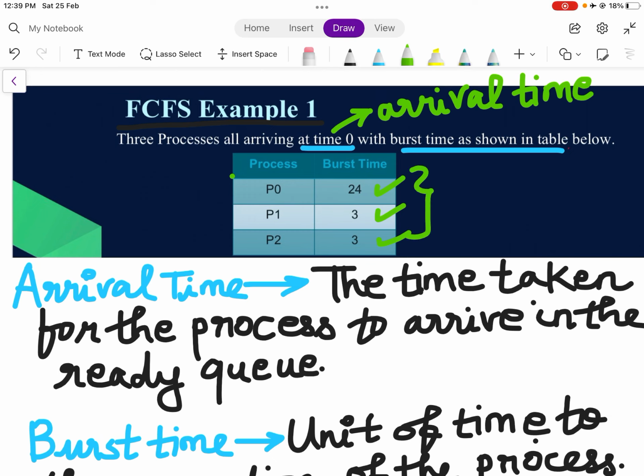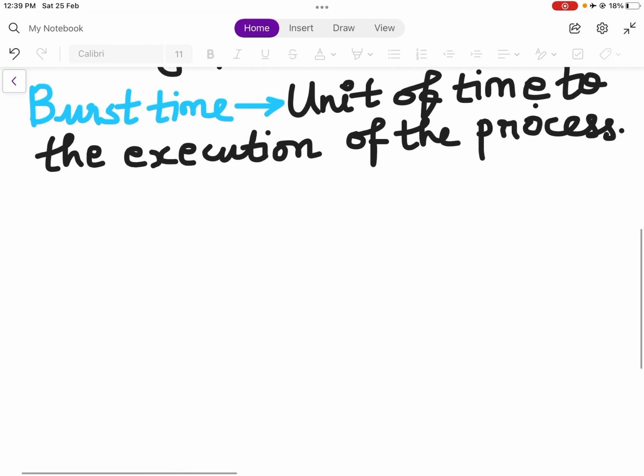So FCFS is a non-preemptive scheduling. That means till process 0 does not complete its execution, process 1 and 2 cannot arrive in the CPU. They will be only in the ready queue.